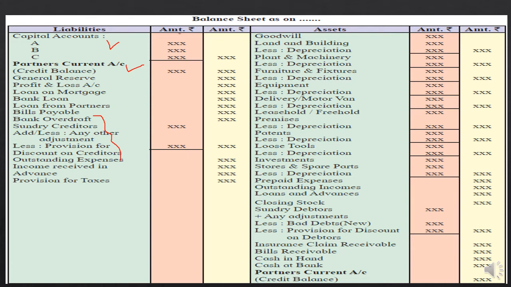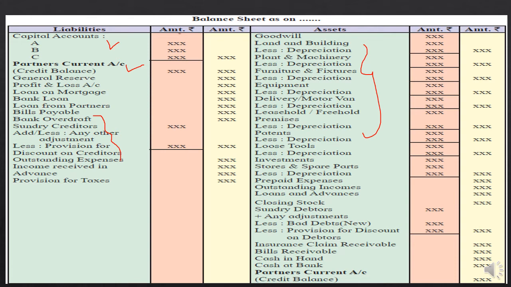So income which is received in advance is not my income, it is a liability, because I have not done anything to earn that income, I have to do it. So today that advance income is my liability, so it will be shown on the liability side. Asset side, you already know: goodwill, land and building, all fixed assets will be written first, land and building, then plant and machinery, furniture, and any adjustment of depreciation will be deducted from the particular item.